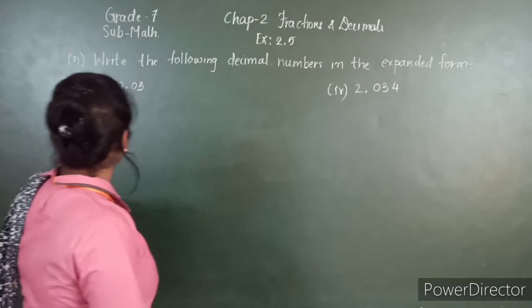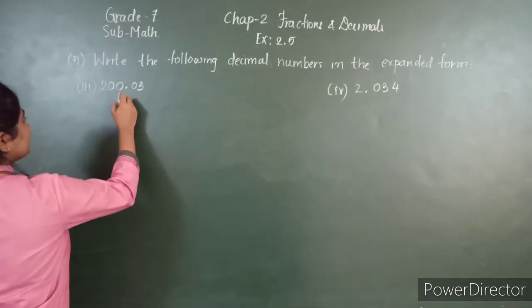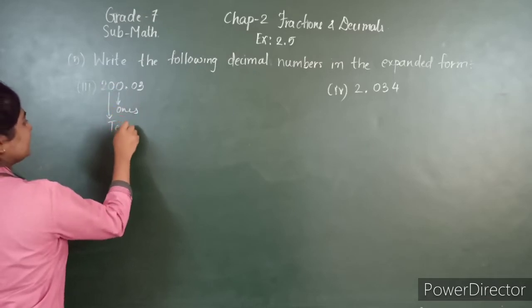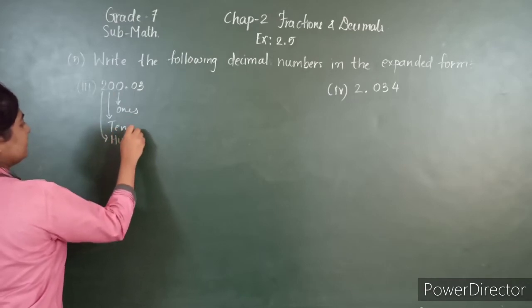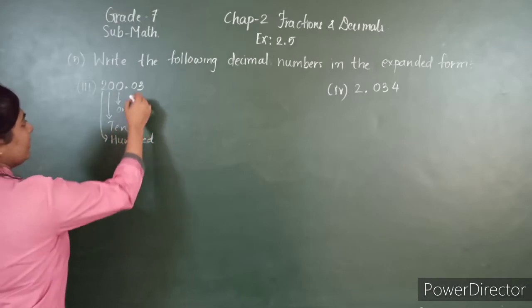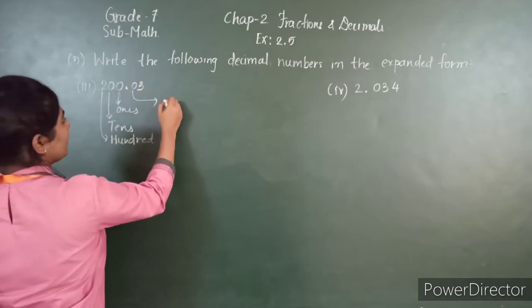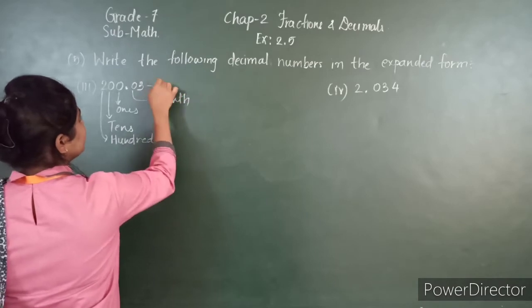Now coming to the number 3, 200.03. Here this place means ones, this means tens, this means 100. After the point we have to write like this: this place is considered as 10th, this is 100th.